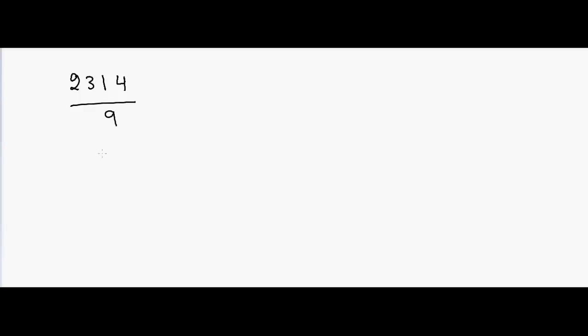In that case, we'll add all these four digits together. So 2 plus 3 plus 1 plus 4: 5, plus 1 is 6, plus 4 is 10. If you divide 10 by 9, you will get 1 as a remainder. So your remainder would be 1.